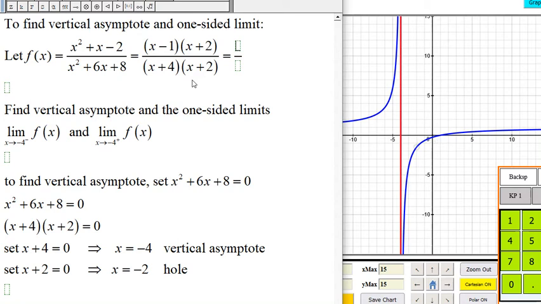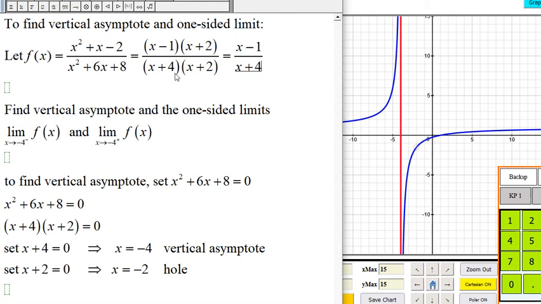And so that's why there's no vertical asymptote at x equal to negative 2, but we have a hole instead. Whenever we have a factor that cancels out, then from that factor you get a hole and not a vertical asymptote. And so this is equal to x minus 1 over x plus 4. And so that's why we only get a vertical asymptote at x equal to negative 4.